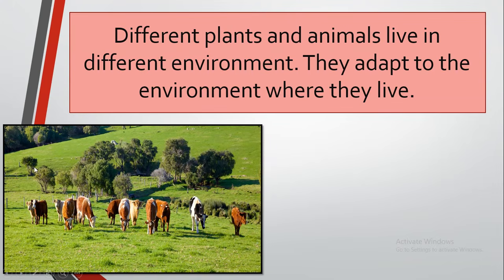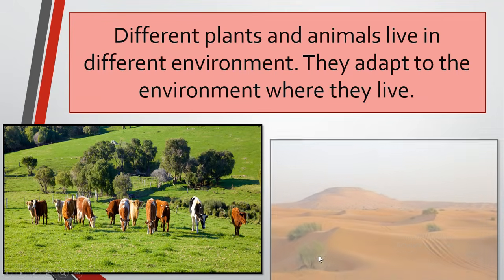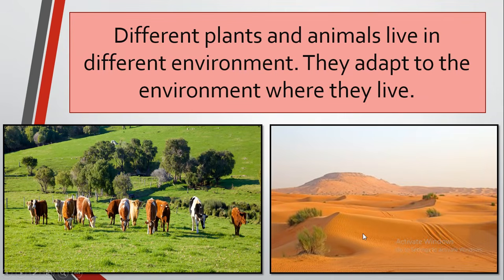Now, this is a forest environment and this is a desert environment. Animals in the forest have parts that help them live in their environment, in their forest. Trees or plants also adapt in their environment. What about in the desert? As you know, desert is hot and dry, right?